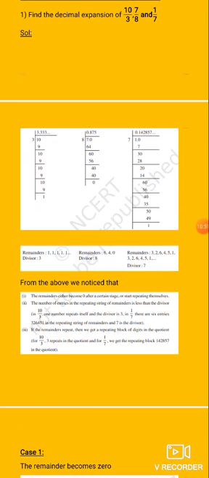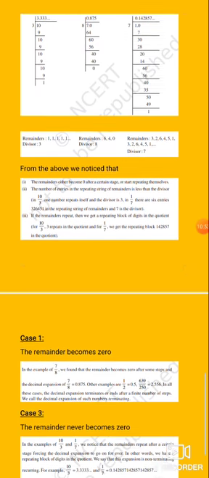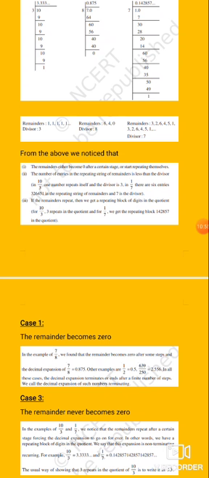Now listen carefully to case 1. The remainder becomes 0, for example 7 by 8. We find that the remainder becomes 0 after some steps, and the decimal expansion of 7 by 8 is 0.875. Other examples are 1 by 2, 639 by 250, etc. When you divide all these, the division stops after some places of decimal.